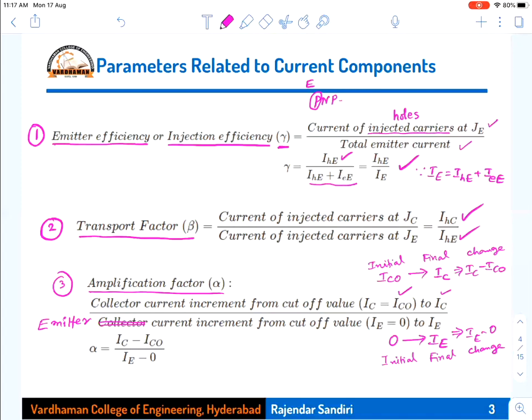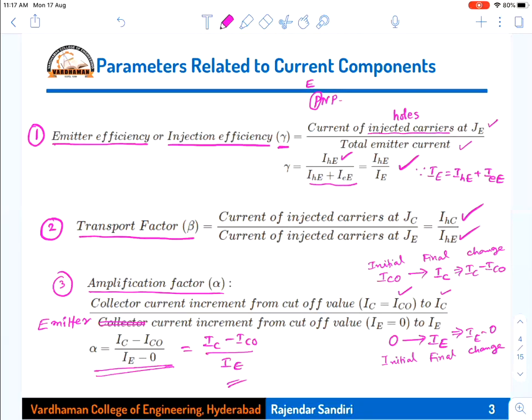So you will get the expression alpha is equal to IC minus IC naught divided by IE. That is the amplification factor. So the incremental collector current value divided by the incremental emitter current value is given by IC minus IC naught divided by IE.